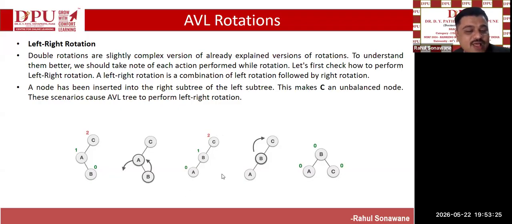And we also know that when we get a left skew tree, we have to perform the right rotation. So B will be rotated. Now B will take the place of root and C will become the right child. So when we insert a node in the right of the left subtree and because of that insertion the tree gets unbalanced, then we have to perform the left right rotation, that is LR rotation.